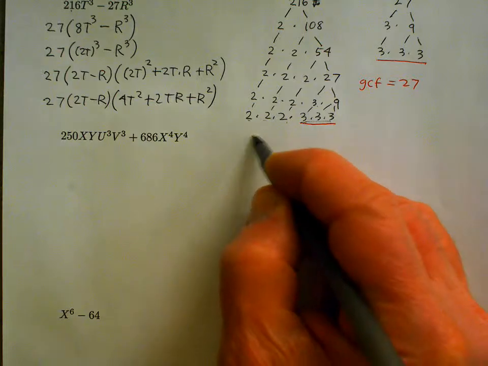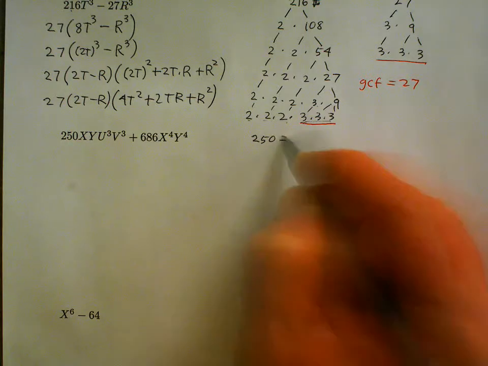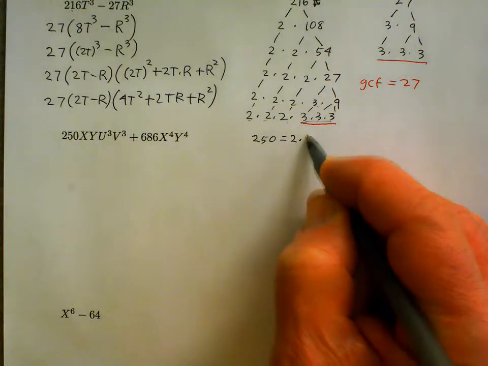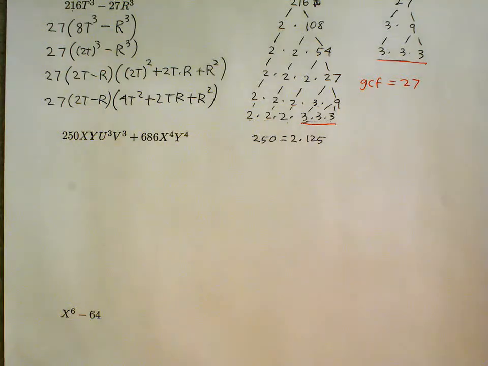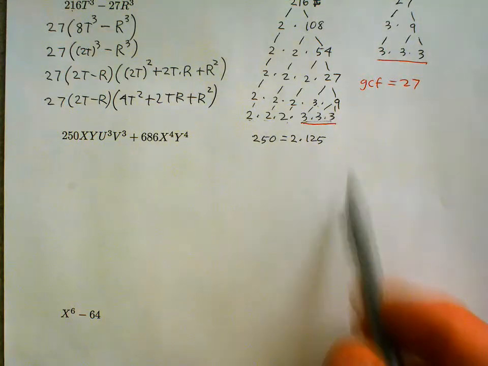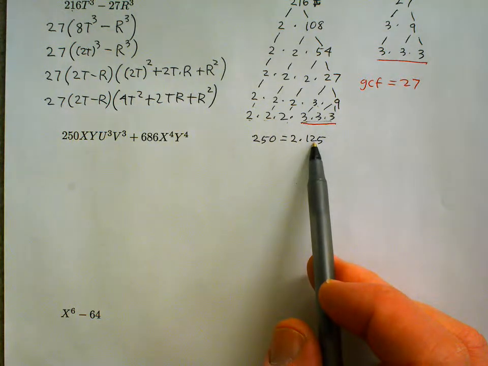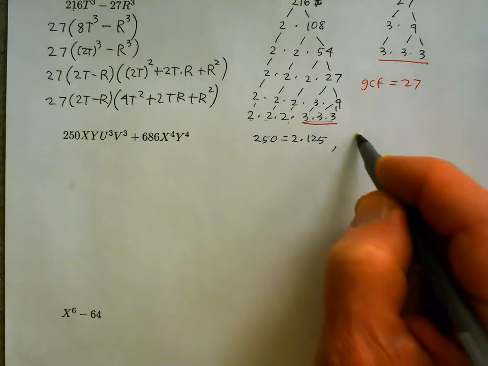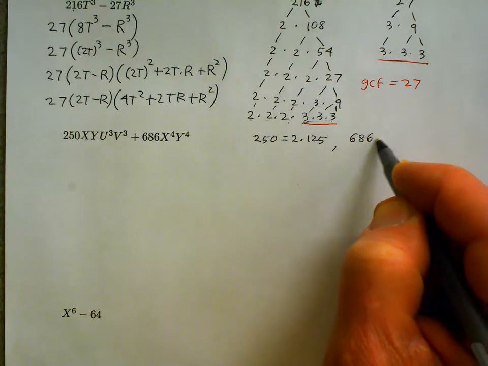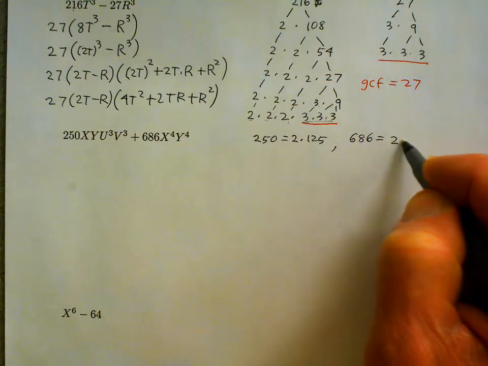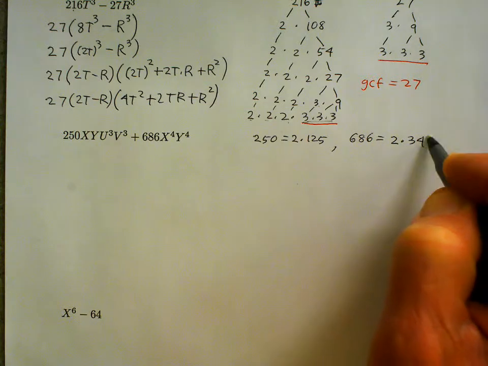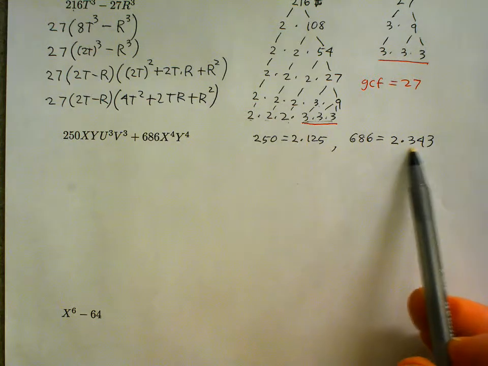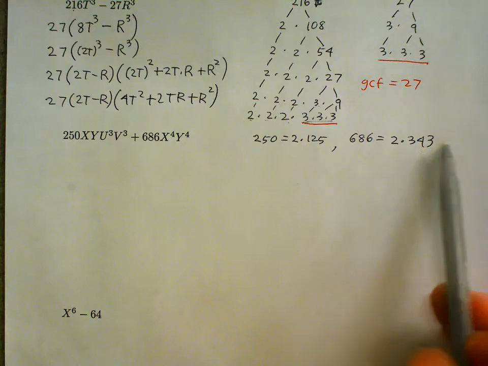Well, 250 is 2 times 125. And remember, 125 is 5 to the third. And then 686 is 2 times 343. And you might remember that 343 is 7 to the third.